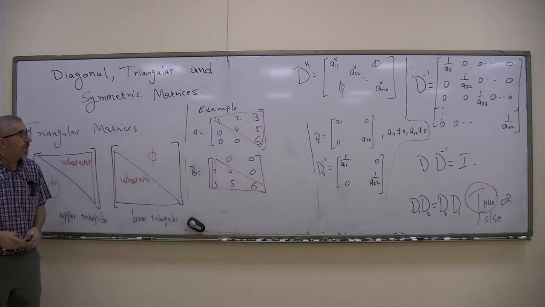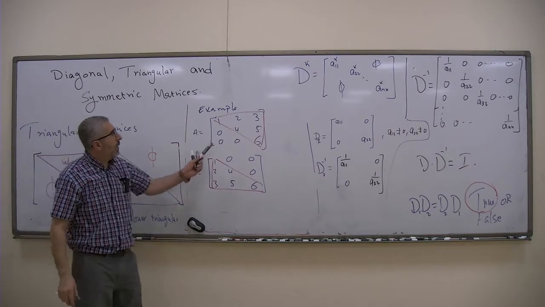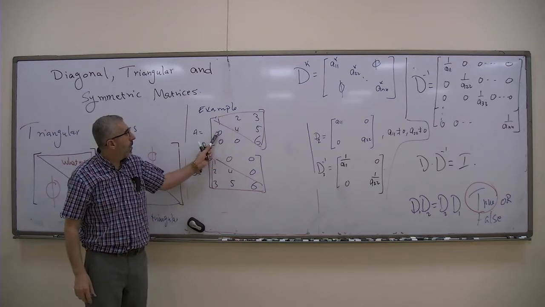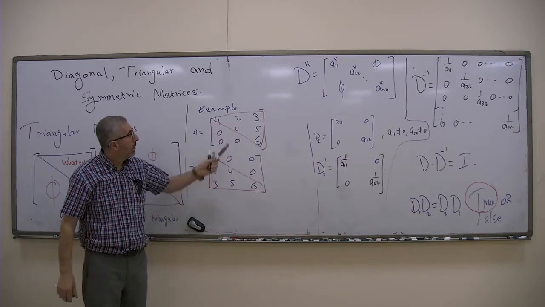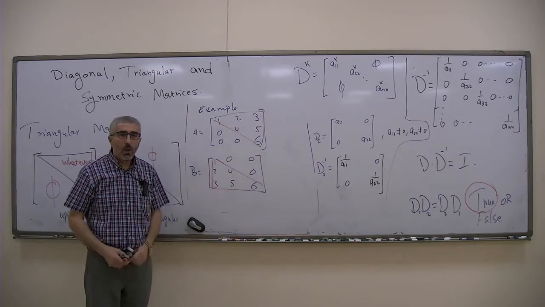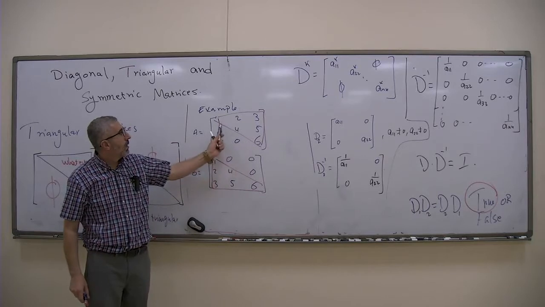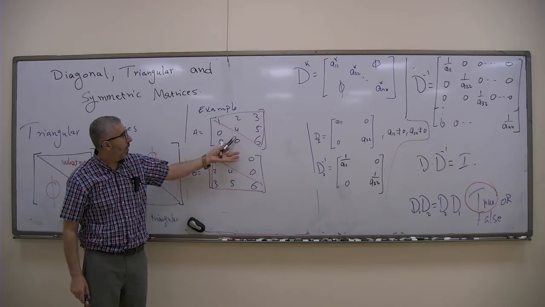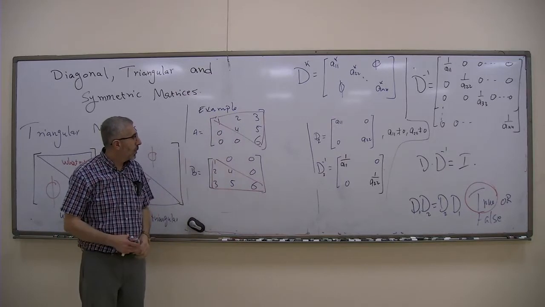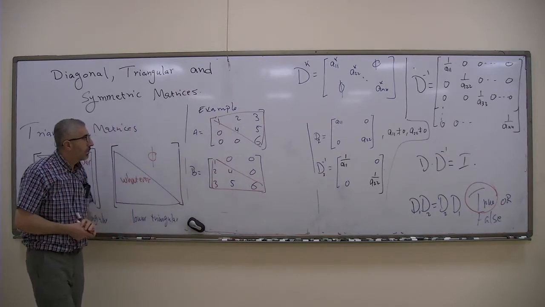Okay? So you already observed that when you get the echelon form while doing elementary operations, what you get in an echelon form is upper triangular. Okay?